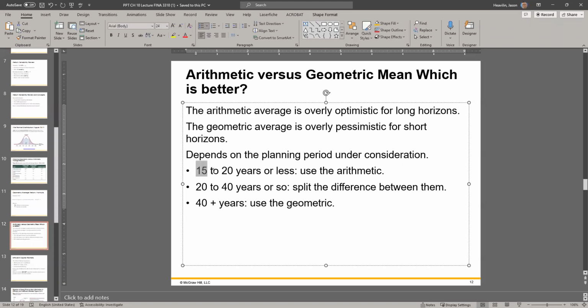If you're doing 15 to 20 years or less, in other words, less than 20 years, you want to go with arithmetic average. If you do much longer terms, 20 to 40, you can go ahead and calculate both and then go in between them. If you're doing 40 plus years, which is very long term, then you want to use geometric.